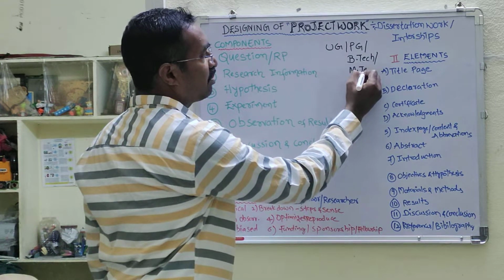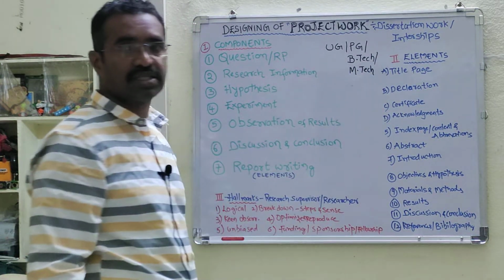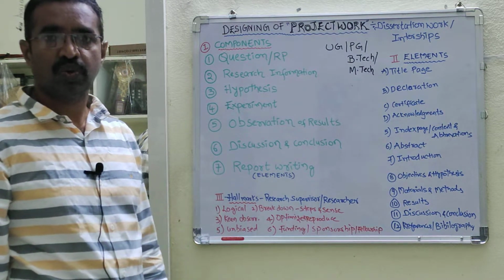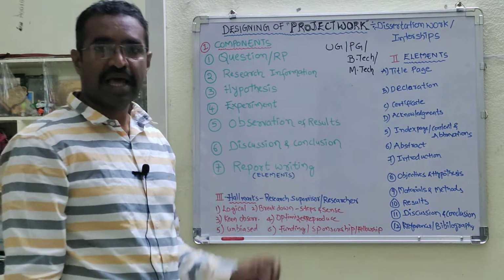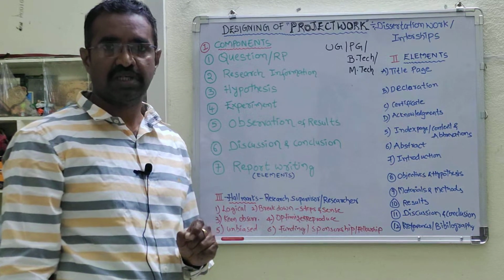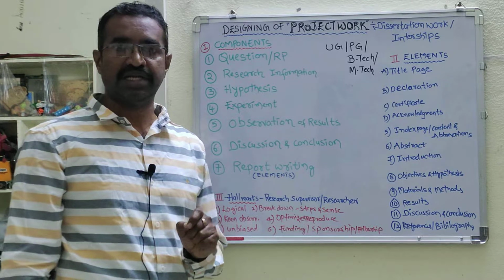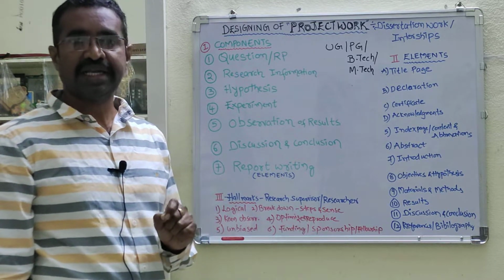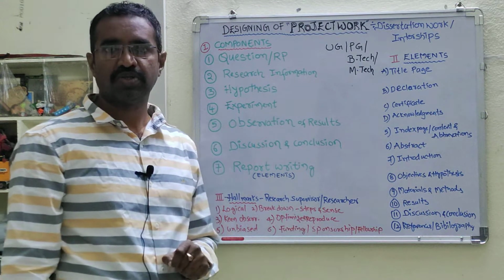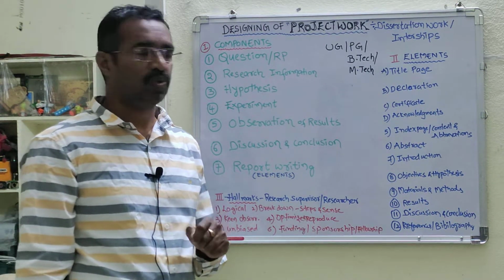Why do we have to do projects? Because it is mandatory as per the National Education Policy 2020 choice-based credit system. Several credits are allotted for this project work, so it is very mandatory, as I told you.